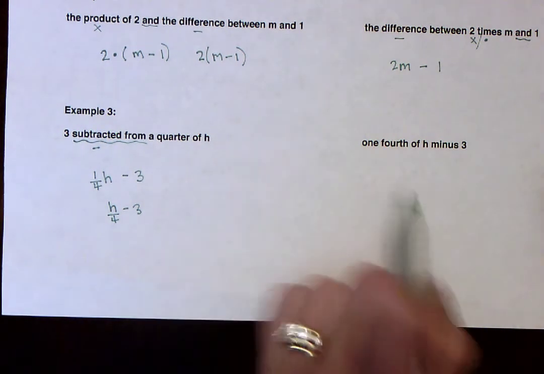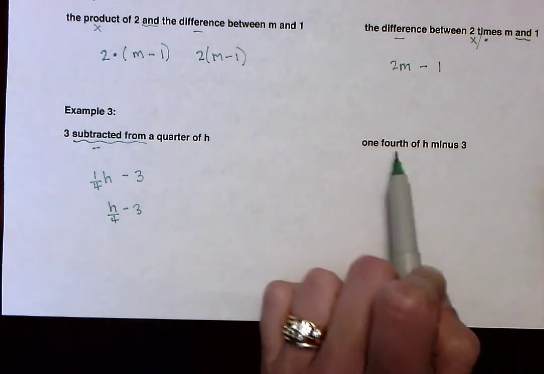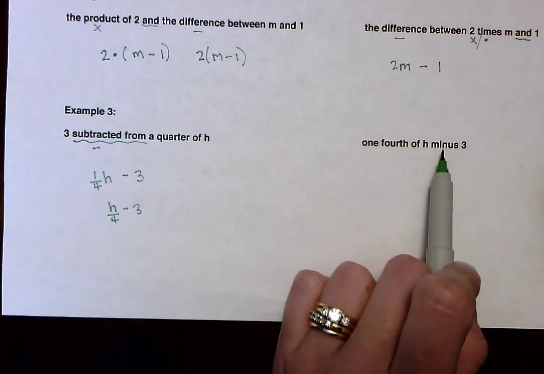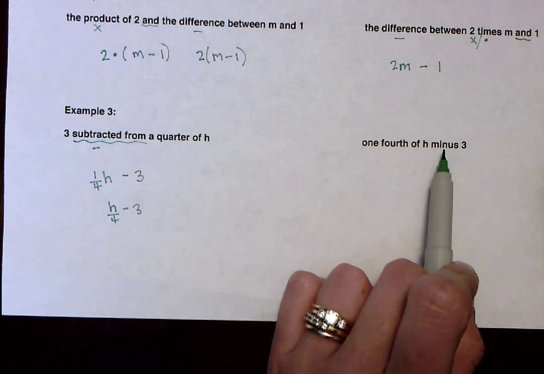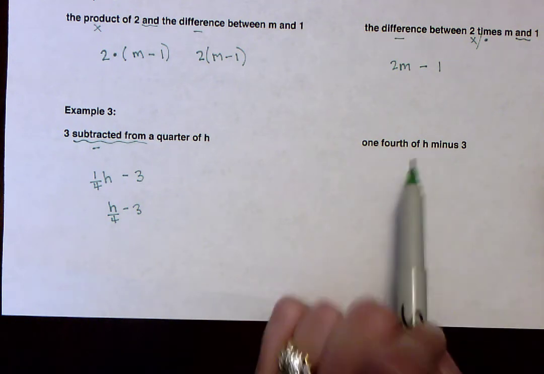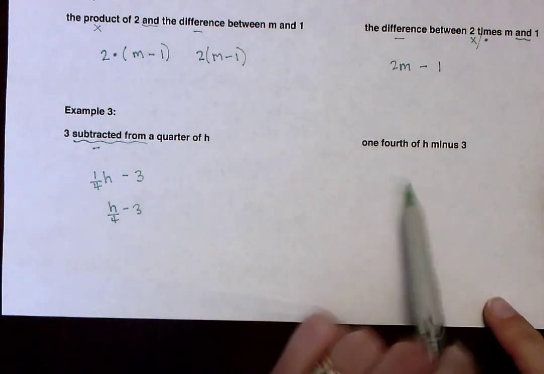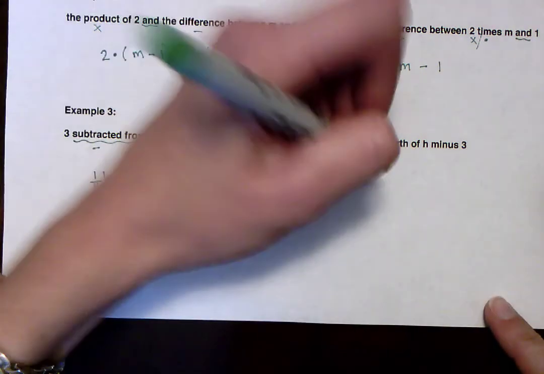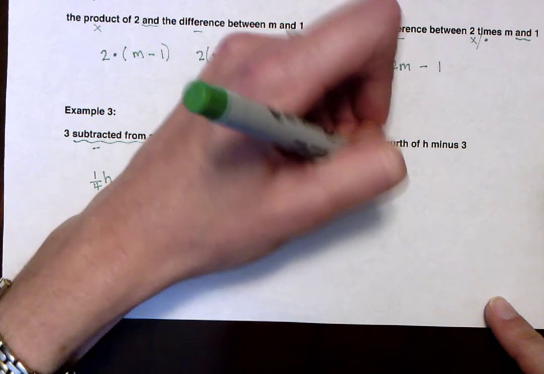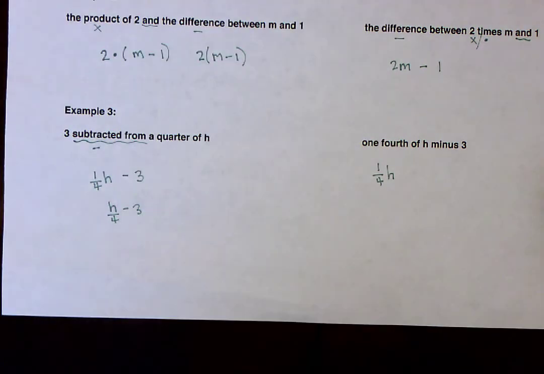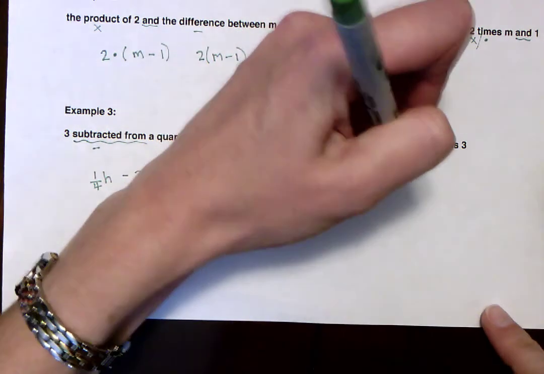All right, and this final one over here has the word minus. That one was not starred on that chart. That indicates that you can read it from left to right. So now we can say 1/4 of h, the same way we wrote the other one, or you can say h over 4, minus 3.